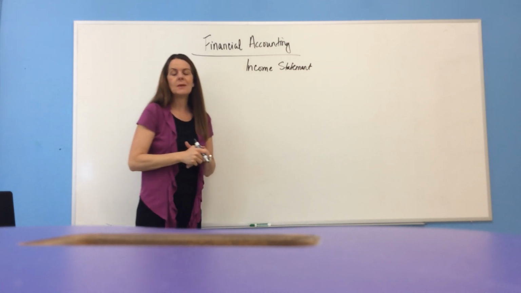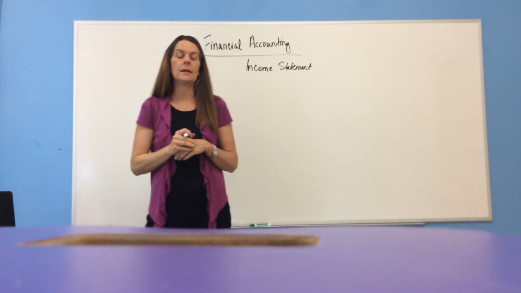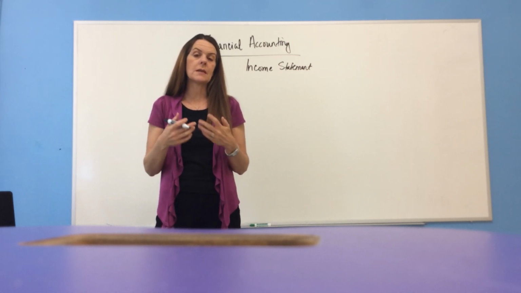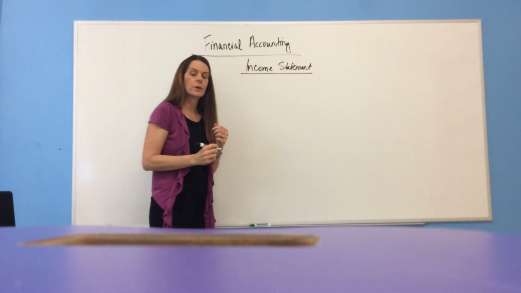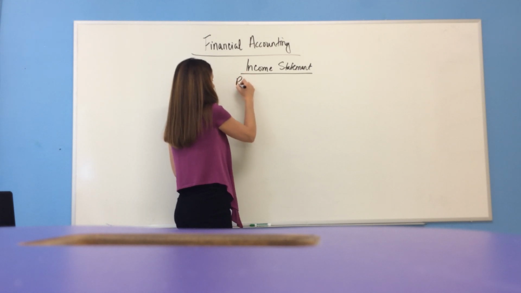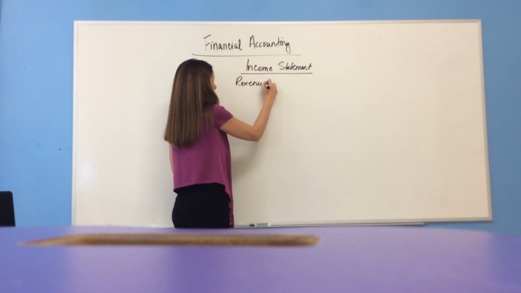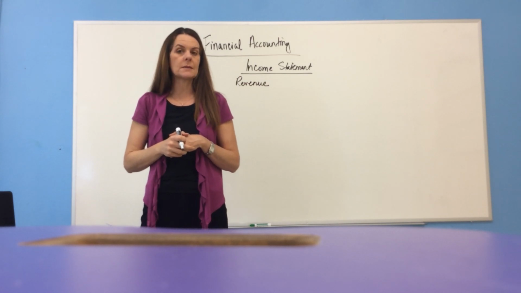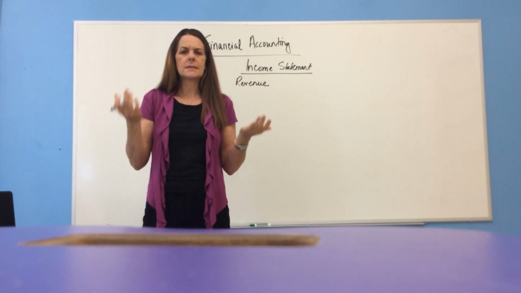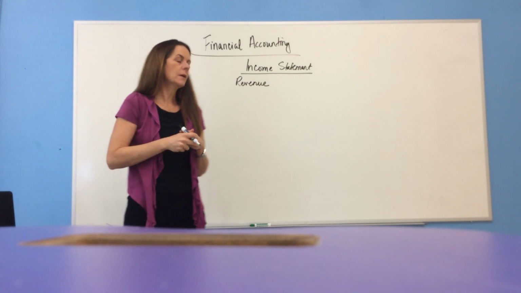The income statement tells how the company has done in terms of sales and expenses. On the income statement, there are 2 main categories. The first one is going to be revenue. For a service company, it would be sales commissions or any kind of sales that the company is doing.